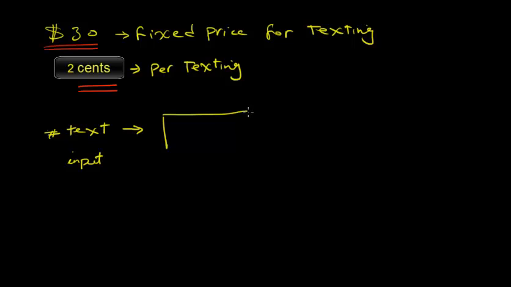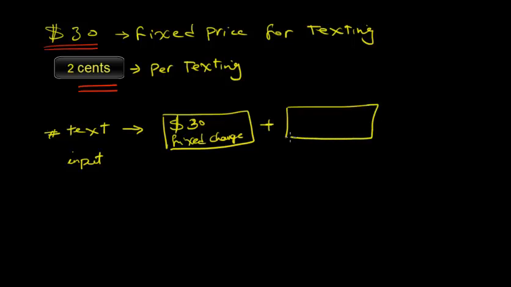Then we have a $30 fixed charge for texting, plus you have a variable, 2 cents per text. This is our variable. And now you're interested to know how much your bill, or output, is.